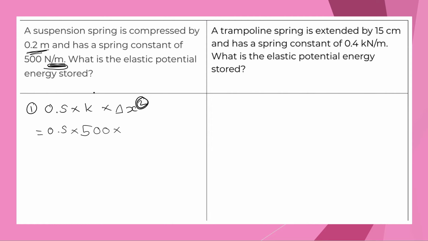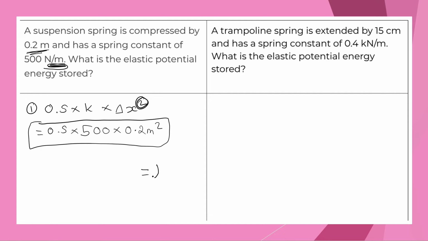We have the correct units, so all we need to do is square that. So we input this calculation into our calculator, and that should give us the answer, which is always in joules because energy is measured in joules.